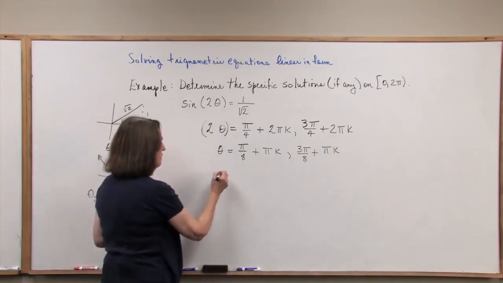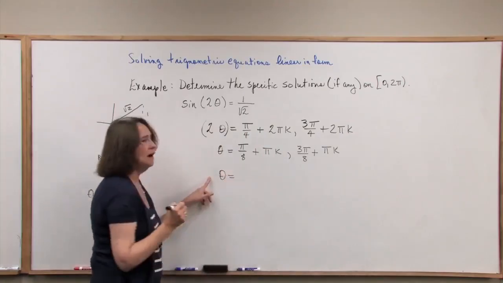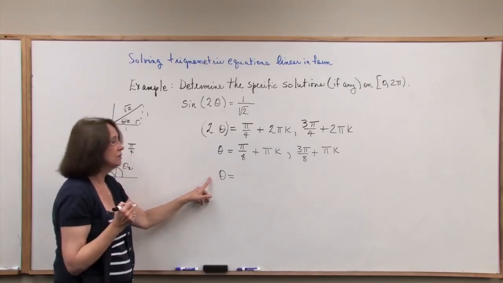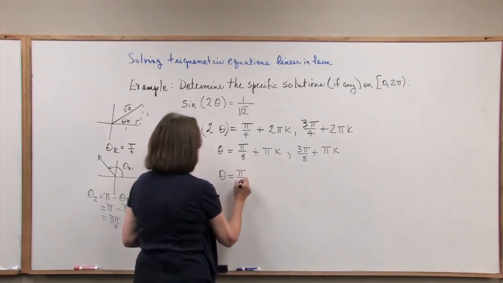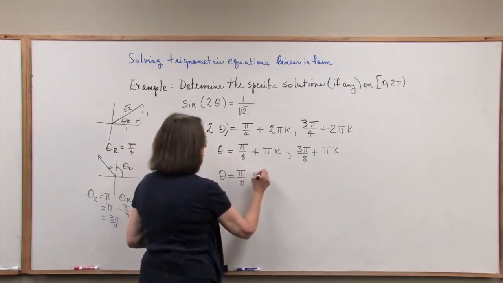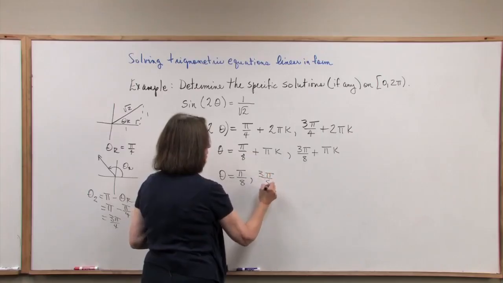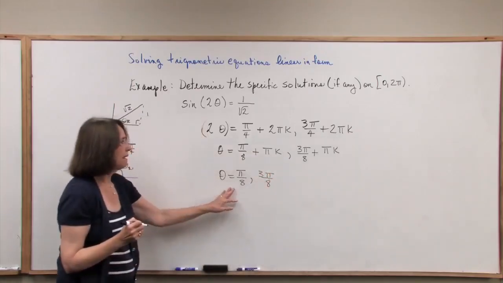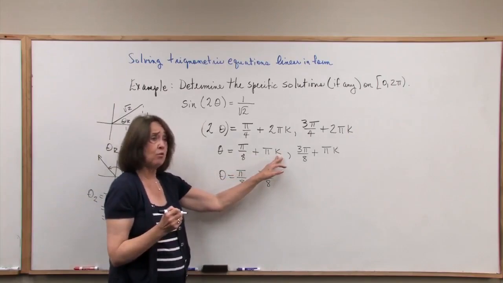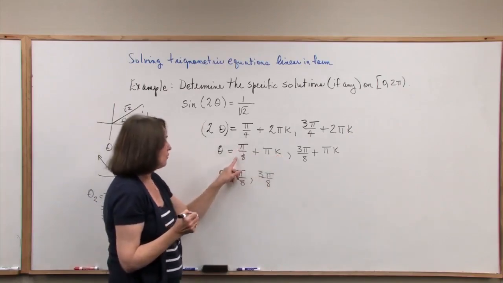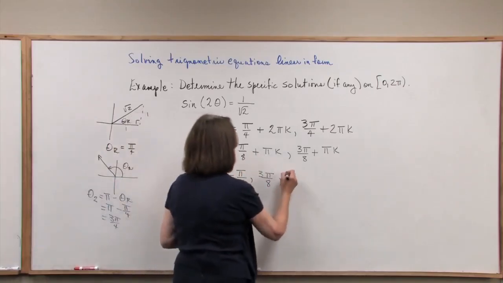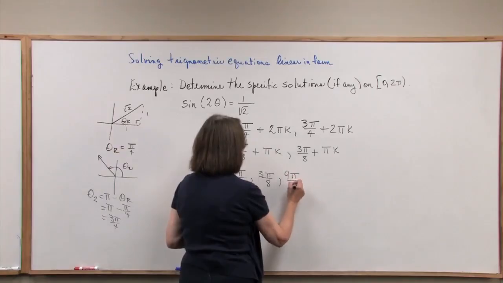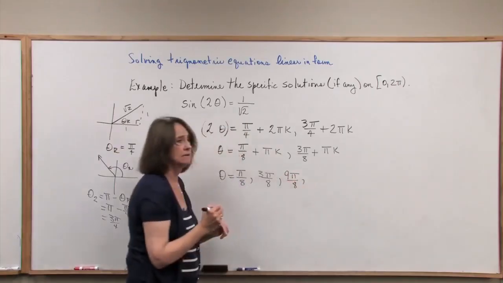Now we can start finding our specific solutions. We let k be 0. That gives us pi over 8, then 3 pi over 8. Then we'll let k be 1. So we're adding pi over 8 plus pi, which is 9 pi over 8.